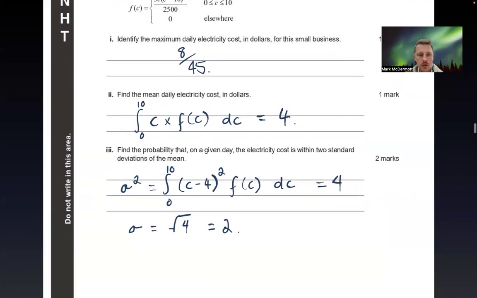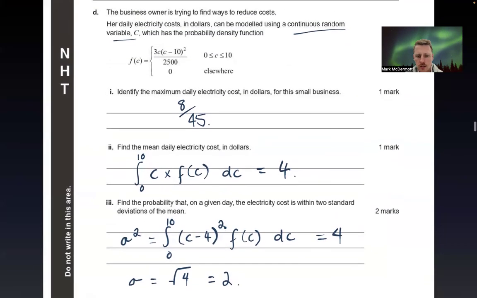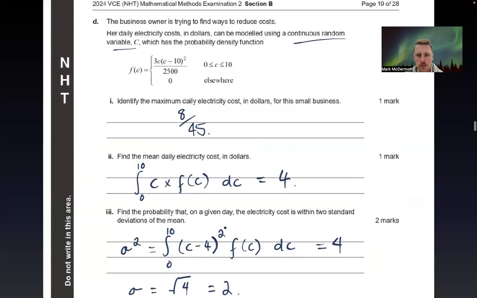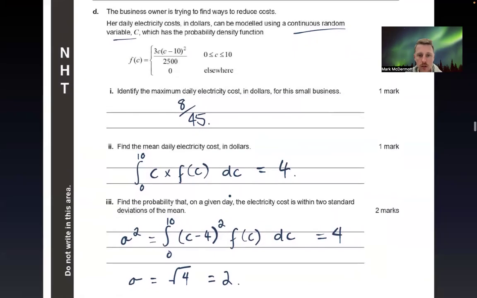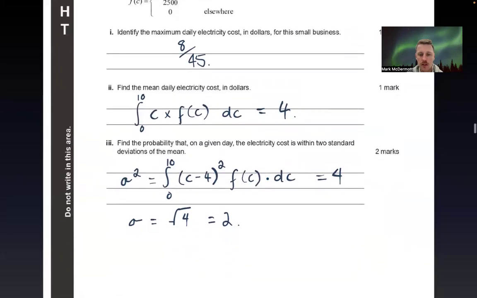Okay, electricity cost within 2 standard deviations of the mean. The mean is 4. We've got some function, and the mean is here somewhere, 4. 2 standard deviations above that would be at 8 because the standard deviation is 2, and 2 below that would be 0. I reckon you need to take the integral from 0 to 8 of f of c dc.